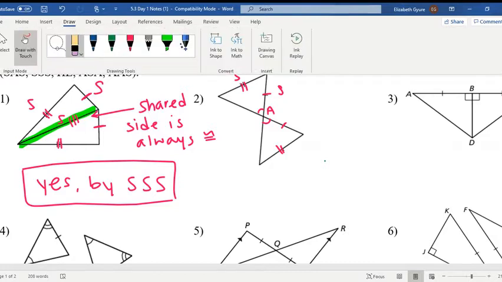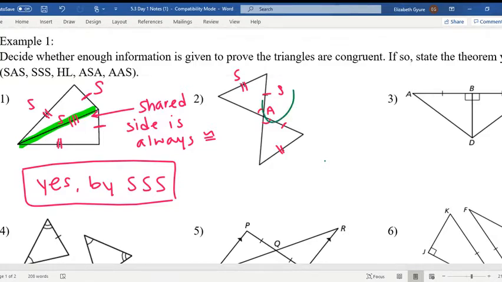So take a look. If I look at how this is read, isn't this either SSA or, read it backwards, ASS? Do you think there's going to be an ASS theorem? Probably not. Thank you, Gannon. I agree.